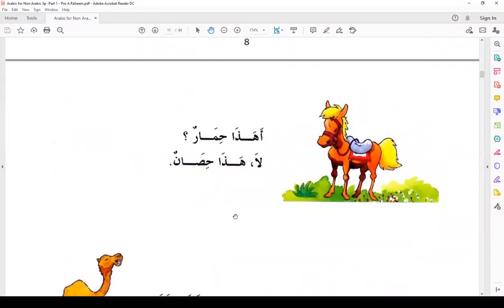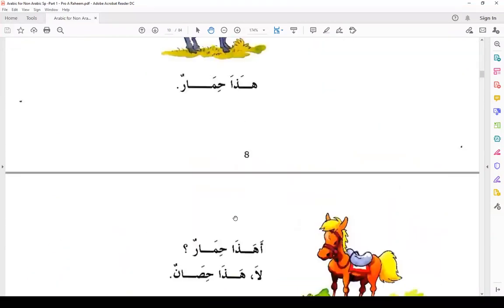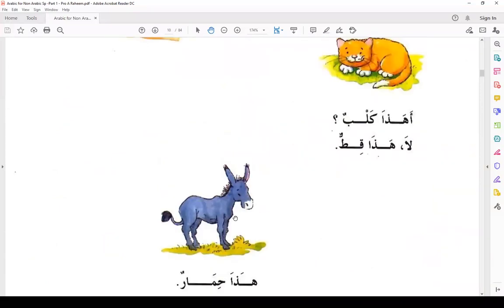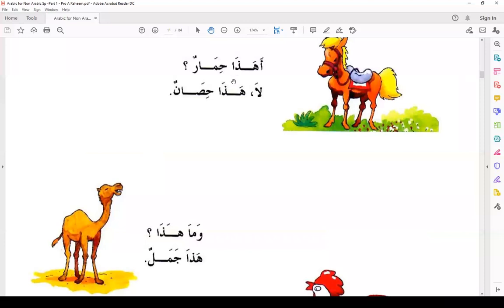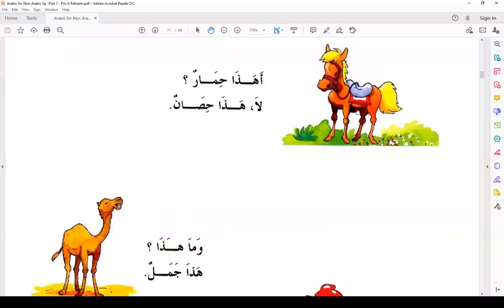So let's start back at page 9. The question is, Ahadha himarun? What's the picture? The answer will be La, hadha hisonun. Say that everyone. La, hadha hisonun. No, this is a horse.